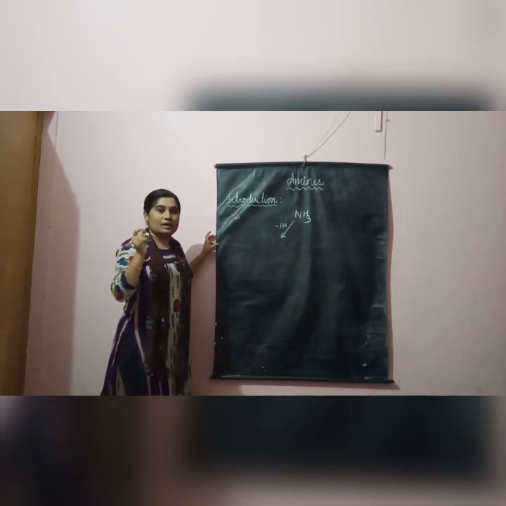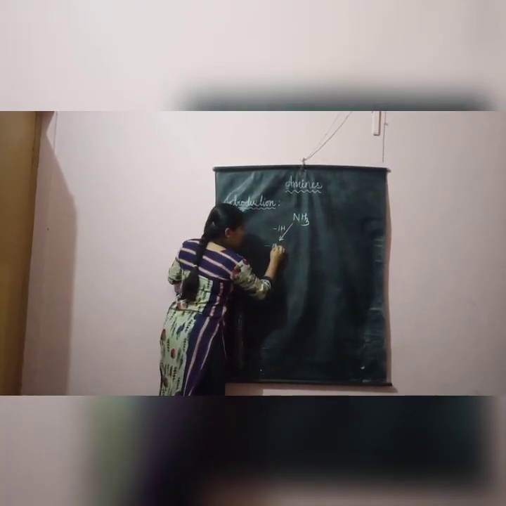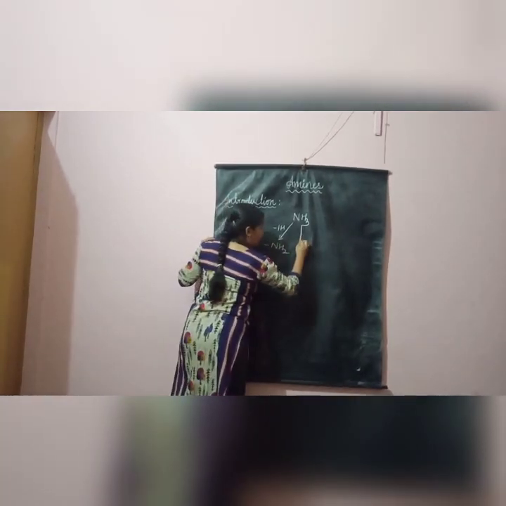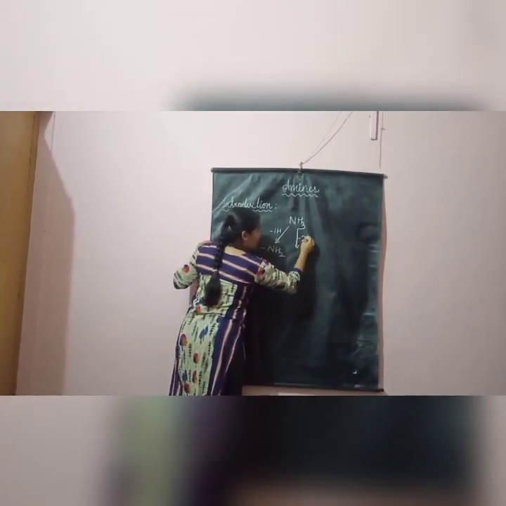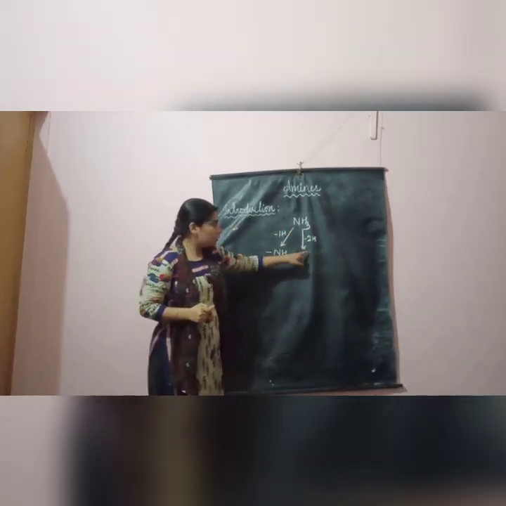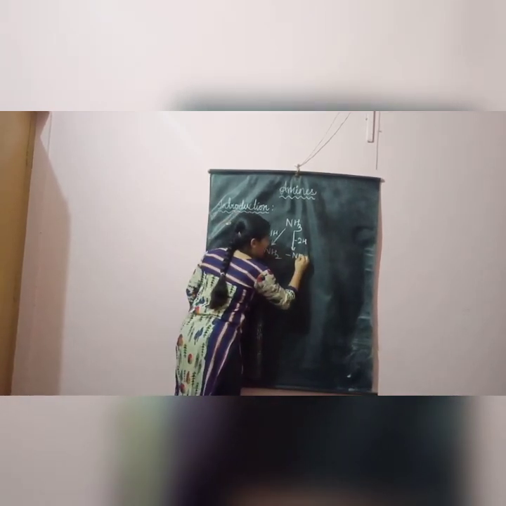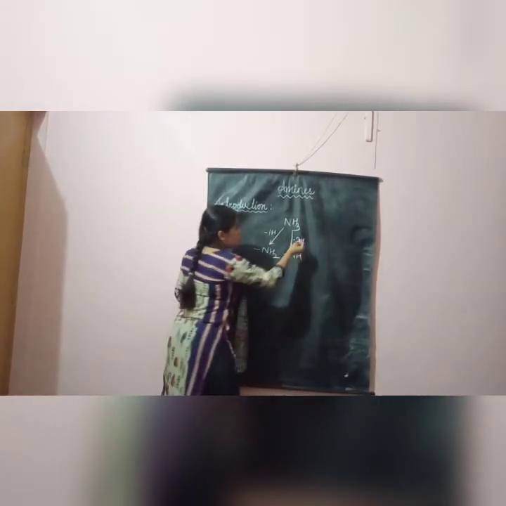If I replace one hydrogen, what is left now? NH3 minus H will be NH2. Now I will remove 2 hydrogens from NH3. So what will I get now? I will get NH, right?